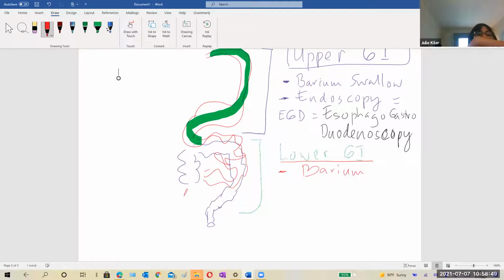We insert that barium, again kind of like a white chalk, milky liquid, and we take pictures, okay?